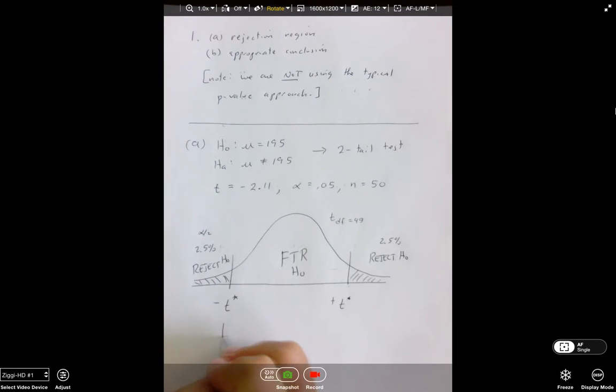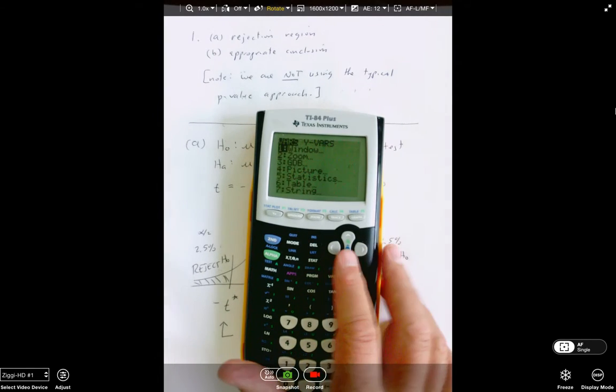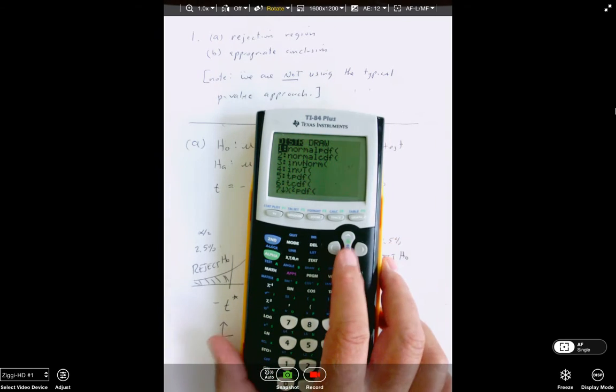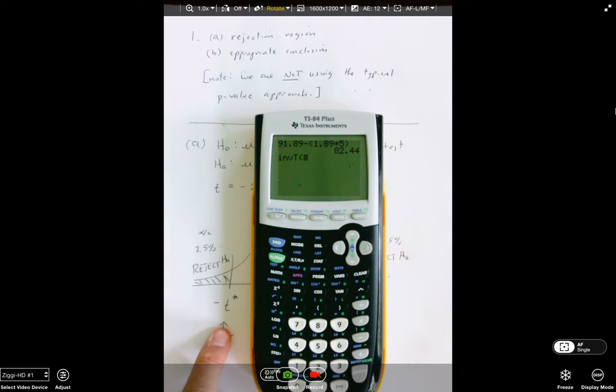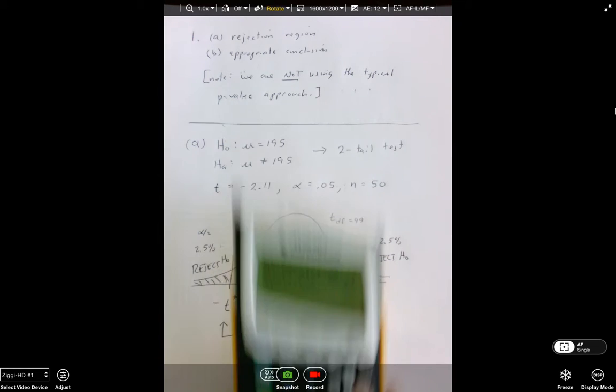So I'm just going to focus on this one right here. What I would do there is use inverse t. For this point right here, I need 0.025 to the left, and I have a degrees of freedom of 49.